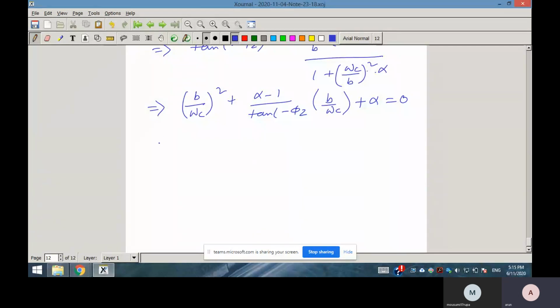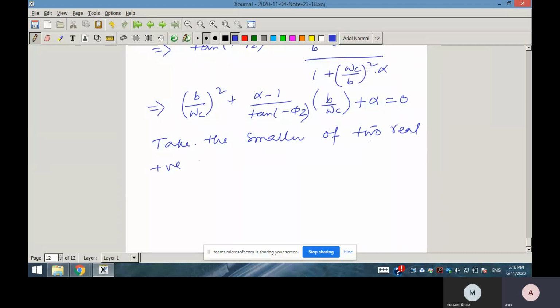So from here, what you have to do? Take the smaller of two real positive solutions. Alpha is greater than 0, and phi 2 is negative, so here you will get two real solutions.